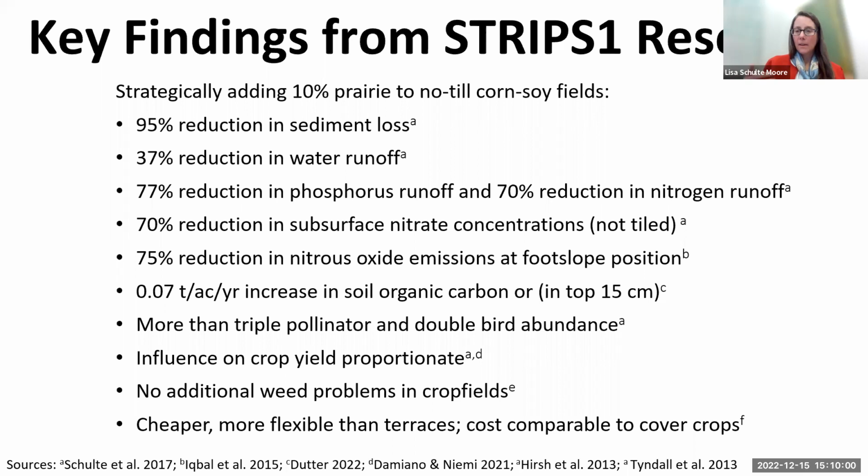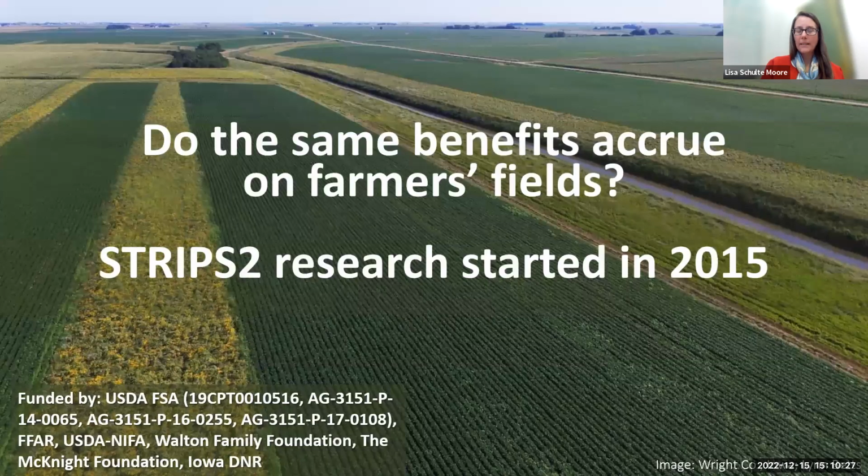And we saw the impact on crop yield just proportionate to the land being taken out of production, so for example, being put in a conservation program. And we found that prairie strips were cheaper and more flexible than terraces and comparable to cover crops in terms of cost. So these findings are what really led to USDA being interested in prairie strips as a potential conservation practice.